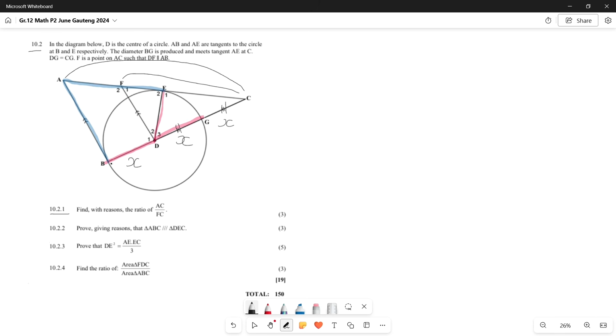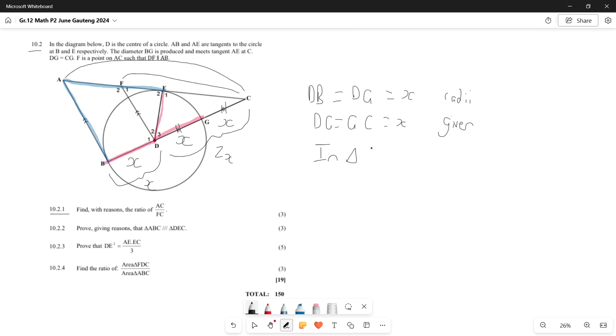We have the proportion of BD to DC relative to our parallel lines AB and FD over there, which means what we can write is DB equals DG equals X because radii. And then we can say DG equals GC equals X given, which means over here for D to C, we have 2X, and here from D to B, we just have an X over there.